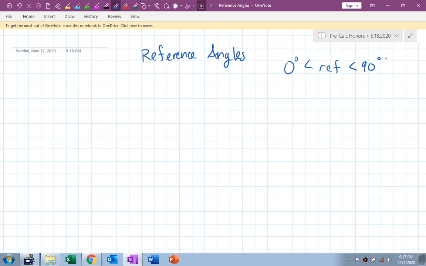And that is because a reference angle is really the shortest, in quotes, because I don't know if that's really the way we should word it, shortest way to get to the x-axis. All right. So, what the heck does that mean?